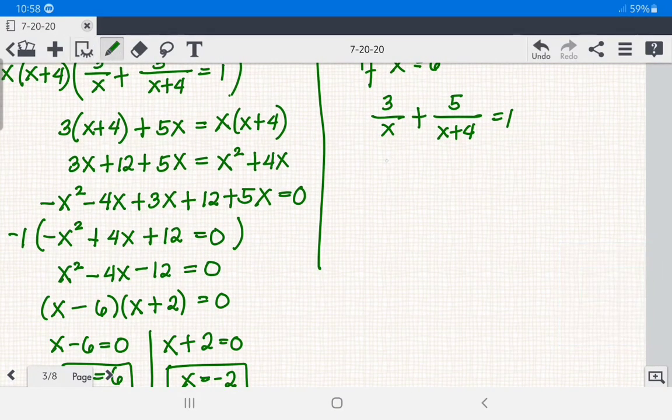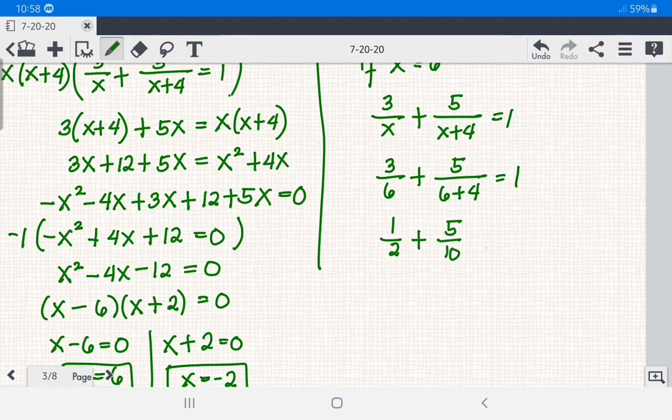Then we have 3 over 6 plus 5 over 6 plus 4 equals 1. 3 over 6 is 1/2, plus 5 over 10. 5 over 10 is also 1/2, right? So we have 1/2 plus 1/2, that is 1.